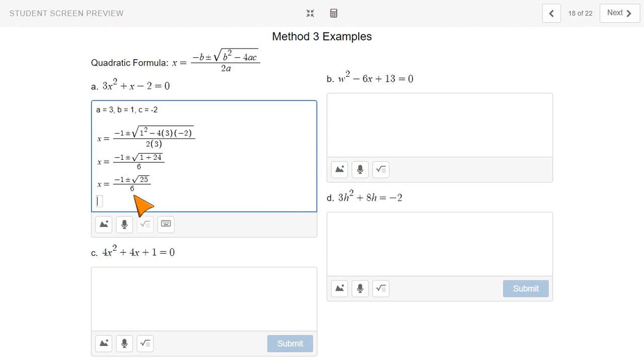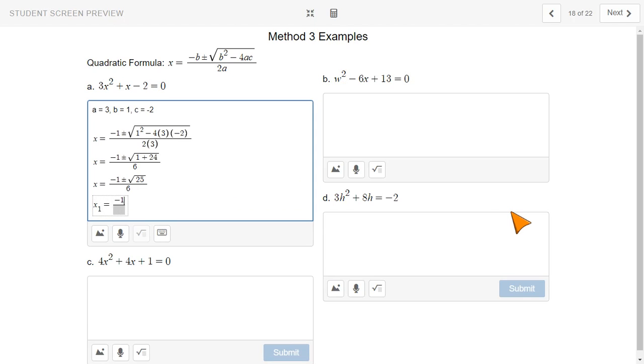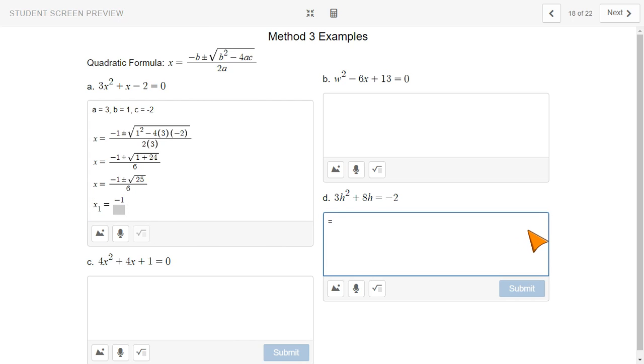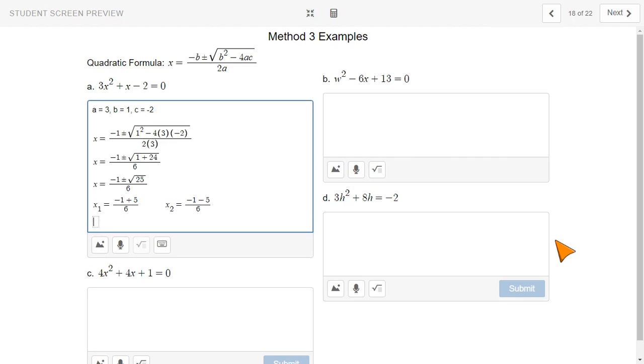Now we have to deal with this two separate ways. We have the first x, which is equal to negative 1 plus the square root of 25, so plus 5, all divided by 6. And the second option we have is negative 1 minus 5, divided by 6.